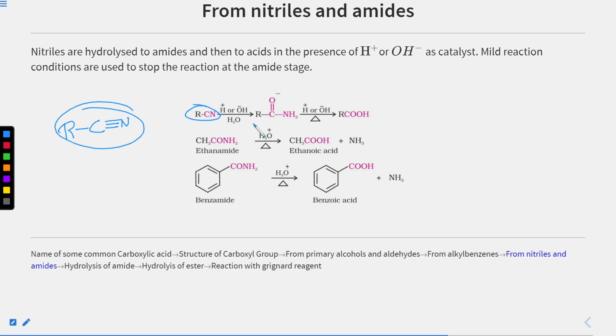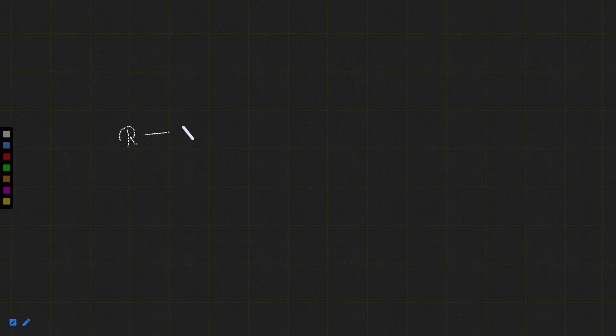First of all, we treat this nitrile with H2O in the presence of acid or base. So how does this react? We have a nitrile group here, like this. Now in the next step, what will happen? We have H2O. This will attack here.